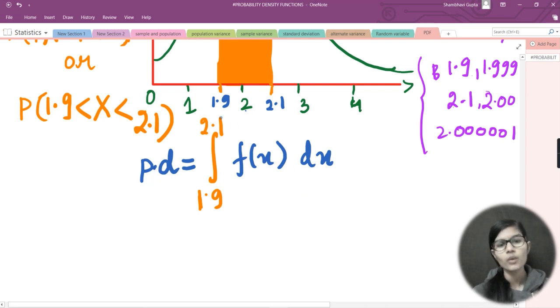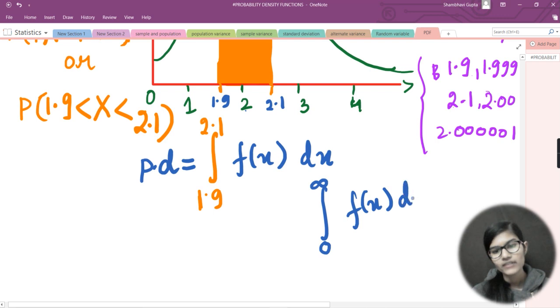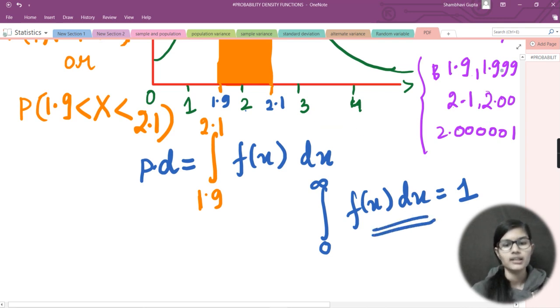Now, one more thing: if I take the whole probability from 0 till infinity, it will always be 1. This is the rule, that the area under the probability distribution function has to be 1.